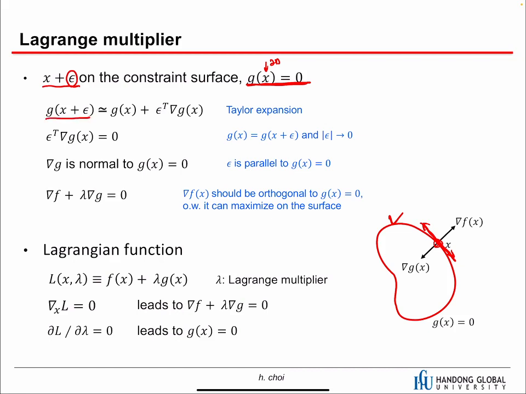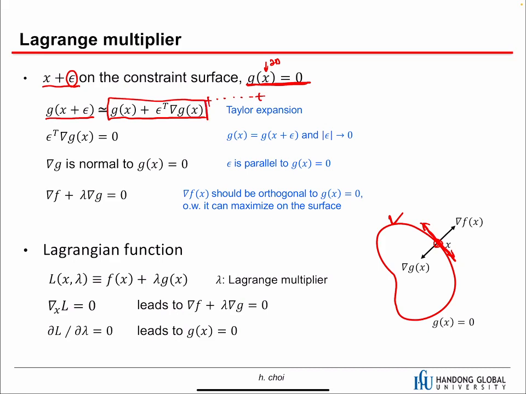Now, g of x plus epsilon can be rewritten with the Taylor series. In the Taylor series we have lots of terms, but we ignore all the other terms and just take the first two terms. It's a kind of approximation.